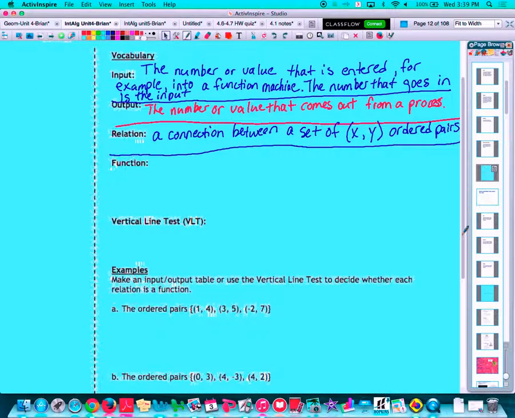So this is the new term for our unit here: what is a function. So a function is a math device that converts one value to another.